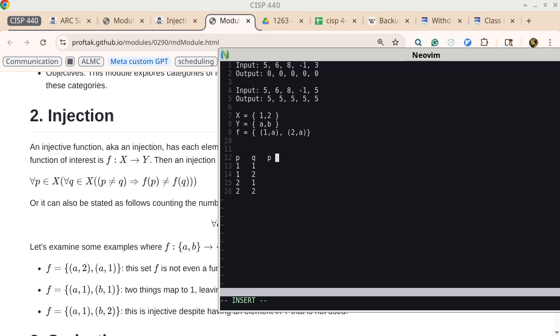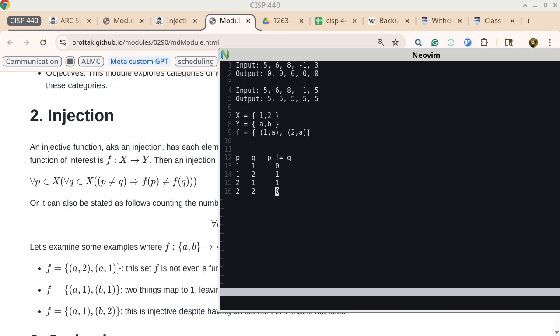So now we look at p does not equal q. I'm going to use 0 to mean false here. So this is false, this is true, this is true, and this is false. p does not equal q is the left-hand side of an implication. What happens to the implication when the left-hand side is known to be false to begin with? The implication itself is true.